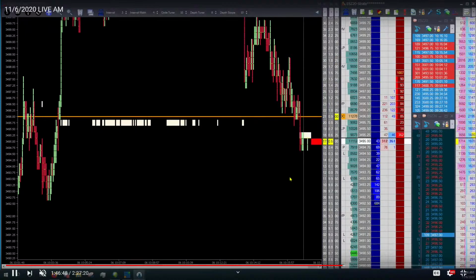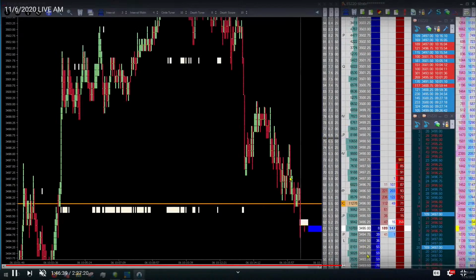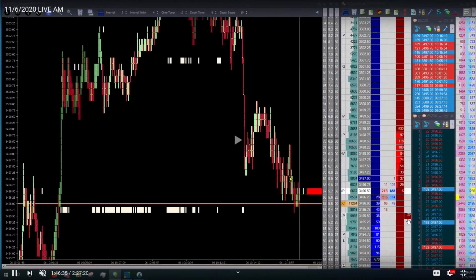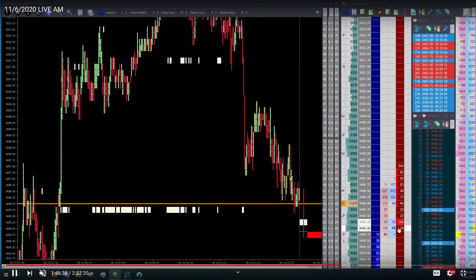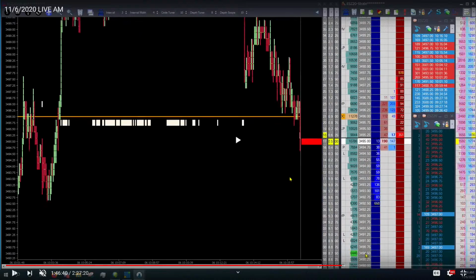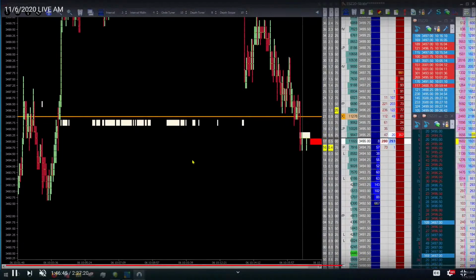Okay. So here's what I want to do, I want to screenshot this phenomenon right here. Okay, I hit a button that's probably gonna mess my stuff up. Hold on.